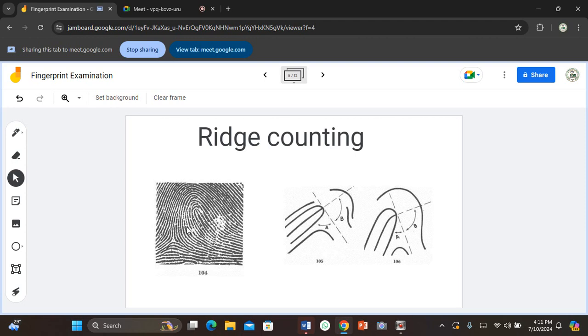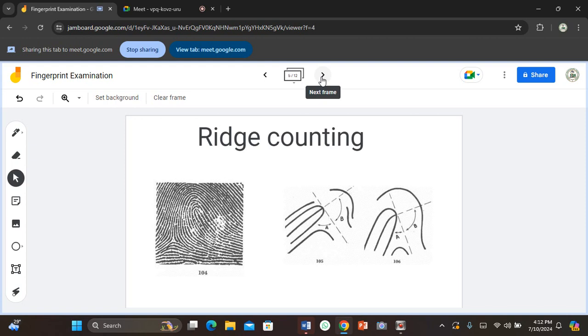So when you draw a straight line between where you put your core and the data, that will give us the ridge counting. And if another examiner does the same thing, they are going to get the same result. So ridge counting is highly essential. Knowing ridge counting, the core, the data, those are some of the things that we use in identifying the print.